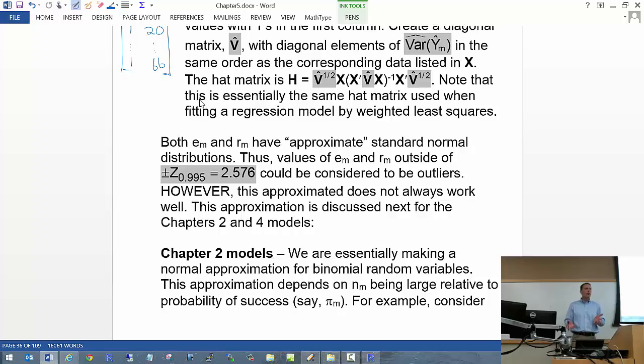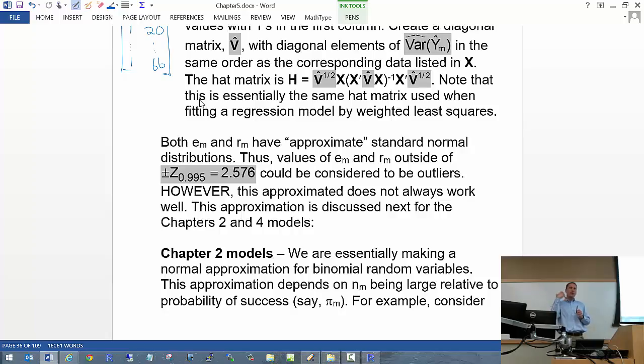Because you expect most observations to be within plus or minus 2, maybe plus or minus 3 of 0. If you have one at 5, that should cause you some concern. What that's indicating is that the observation is potentially fit poorly by your model.